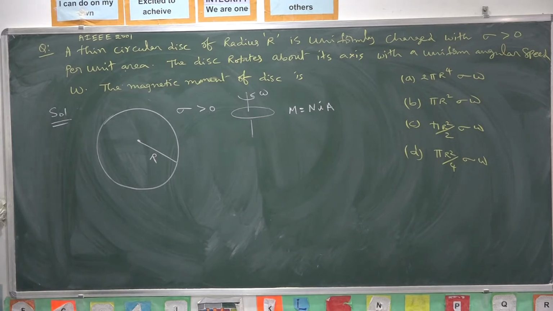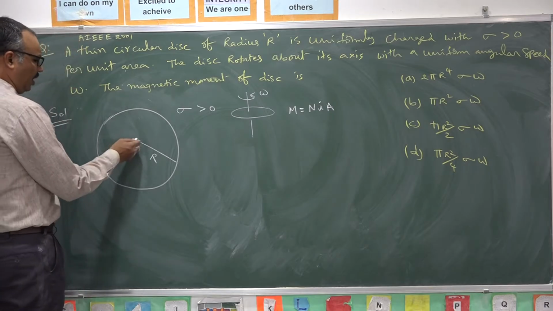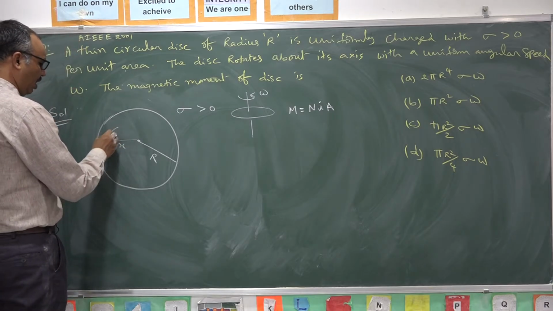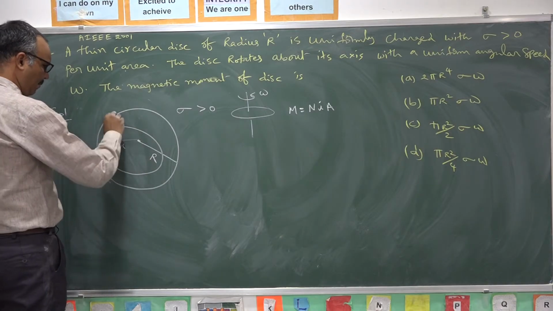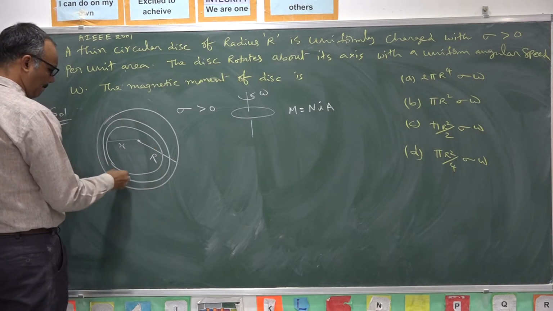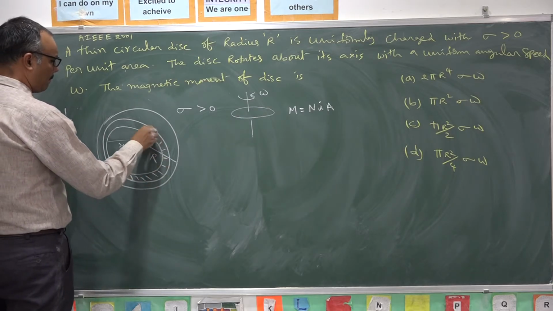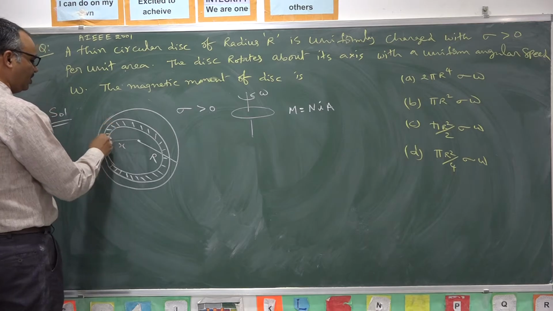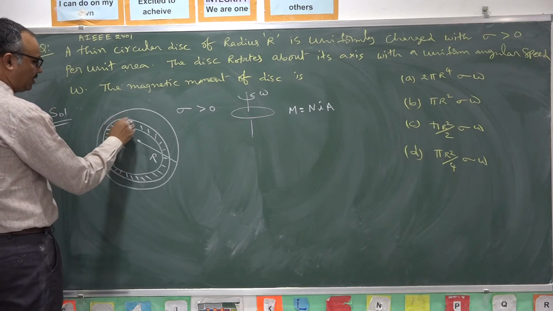So, how to solve it? In order to solve this question, let me take an elemental strip of the disc having radius x and thickness dx.